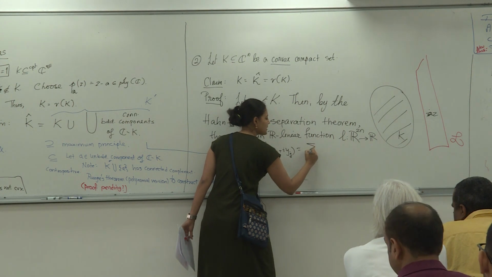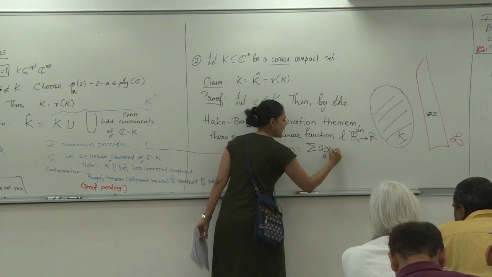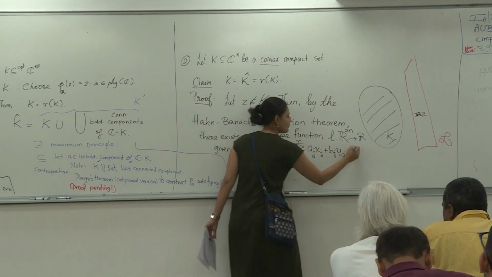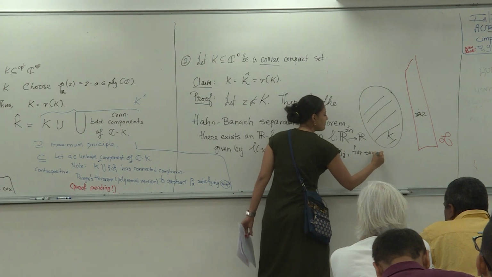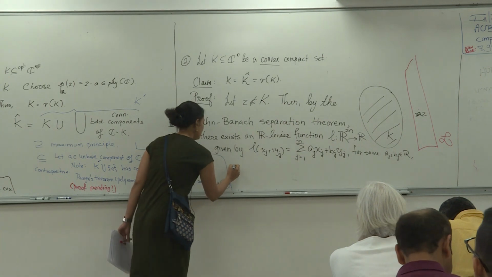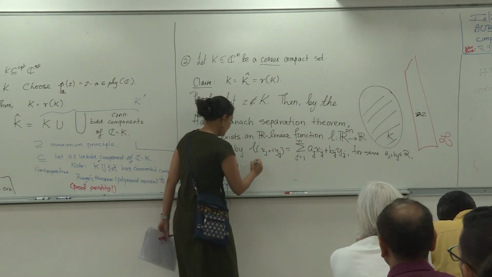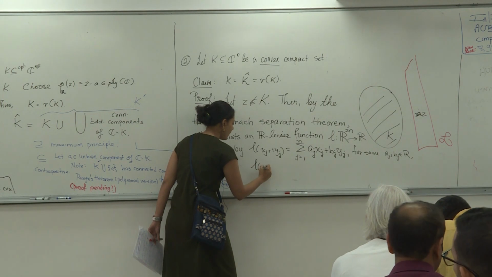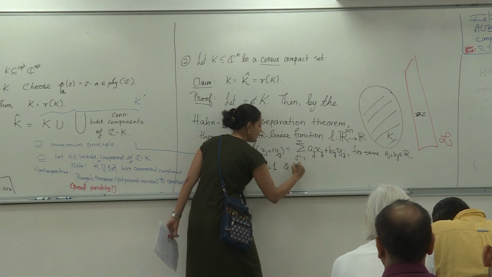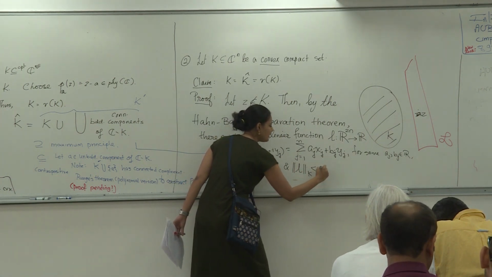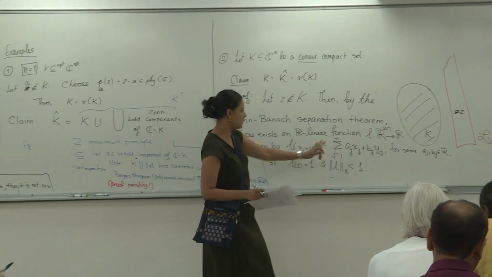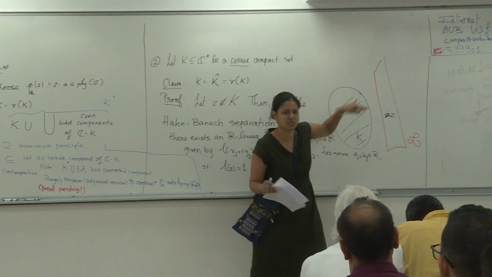So this is given by the summation of aj xj plus bj yj, j from 1 to n, for some real aj's, bj's, such that two things happen. When evaluated at this point Z, you get the value 1, and L on K, the supremum, the norm of L on K, is strictly less than 1. Okay, so this is the mathematical version of the picture that I have drawn over here.